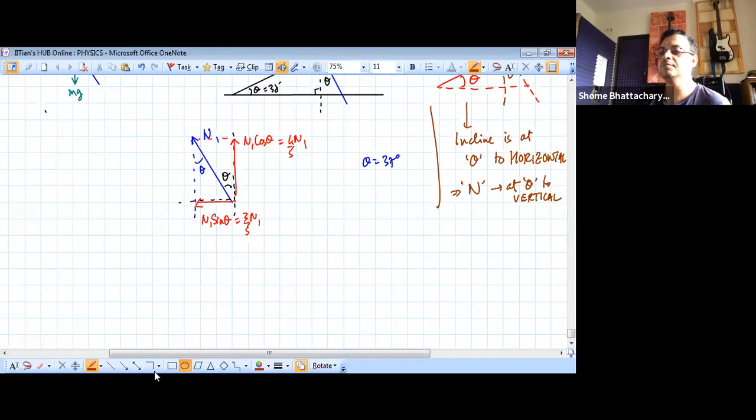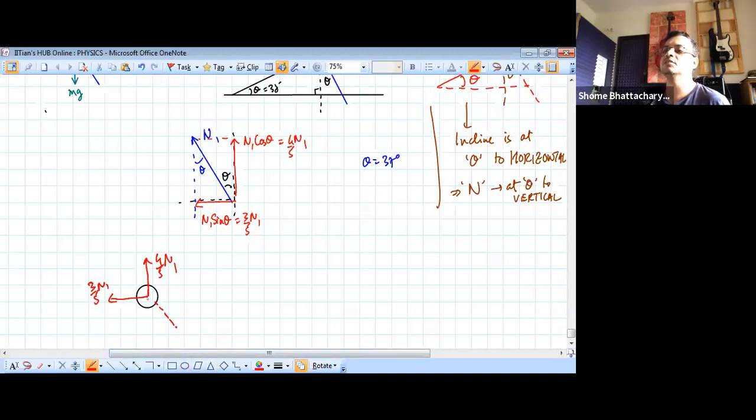Coming back to that diagram, what all forces are acting? There is this force acting along this line. We divided it into two components: this component was 3/5 N1 and this upward component was 4/5 N1.